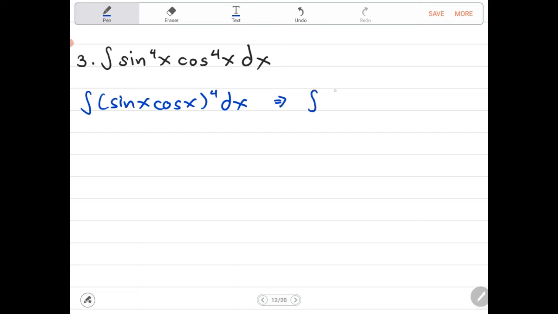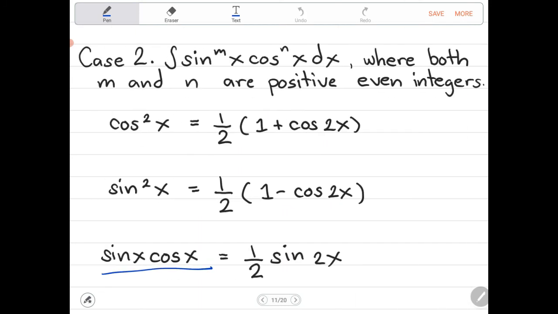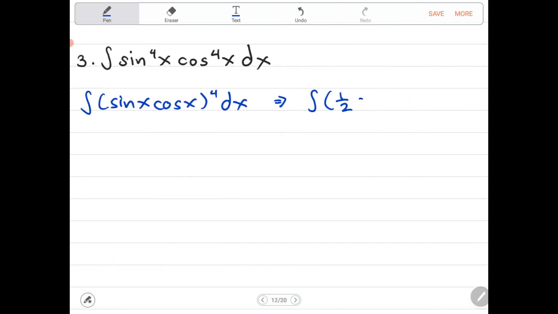The integral of 1/2 sine 2x raised to 4 dx. So what is 1/2 raised to 4? That is 1 over 16. So let us remove the constant so it looks better.